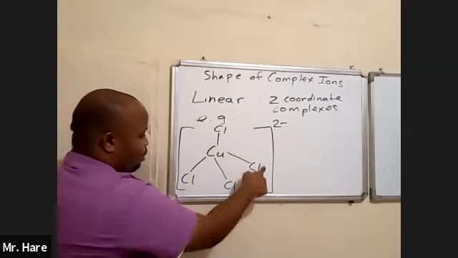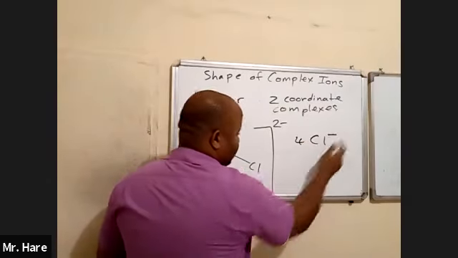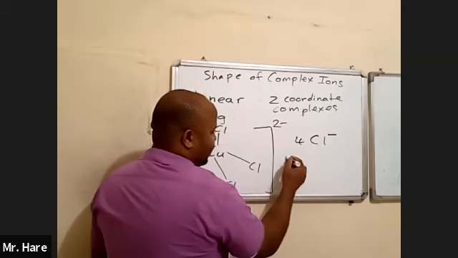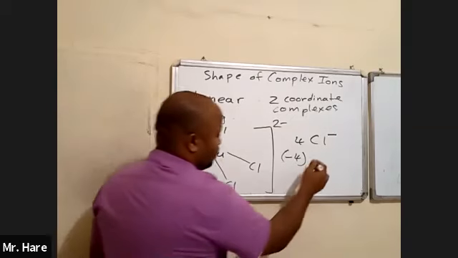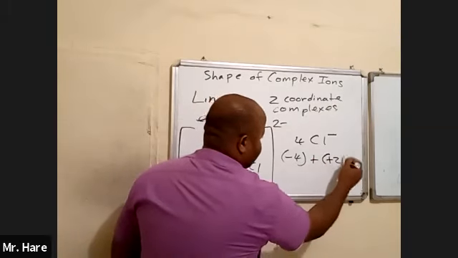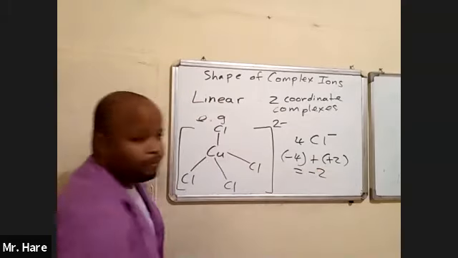Sir, can you repeat why it has a 2 negative charge? All right, we have 4 chloride ions here, so that is 4 negative charge, and this is copper in the 2+ state. So -4 plus +2 is -2.